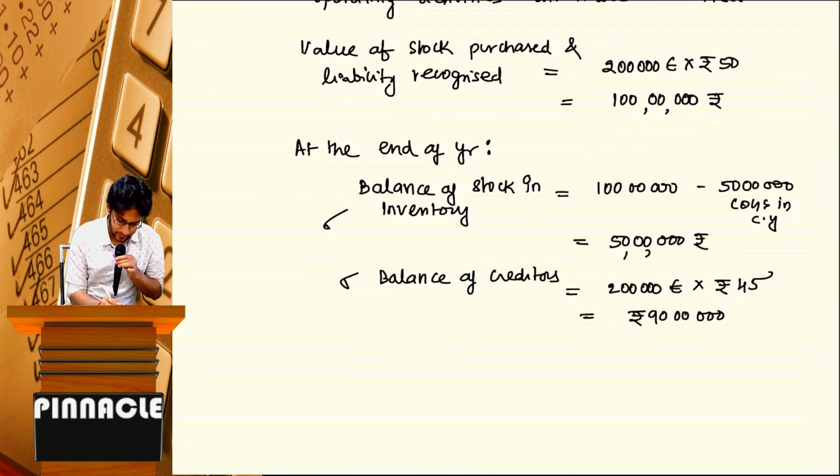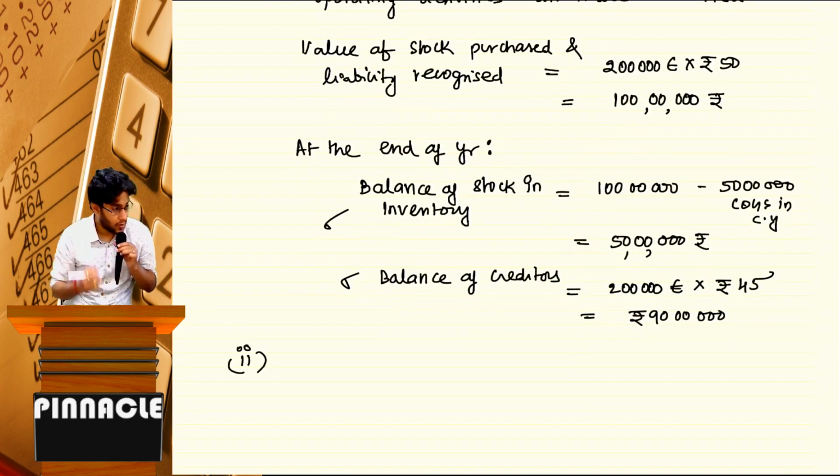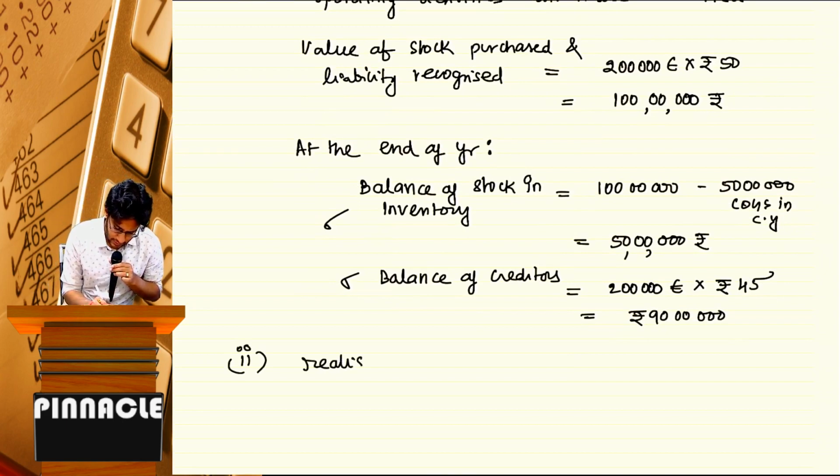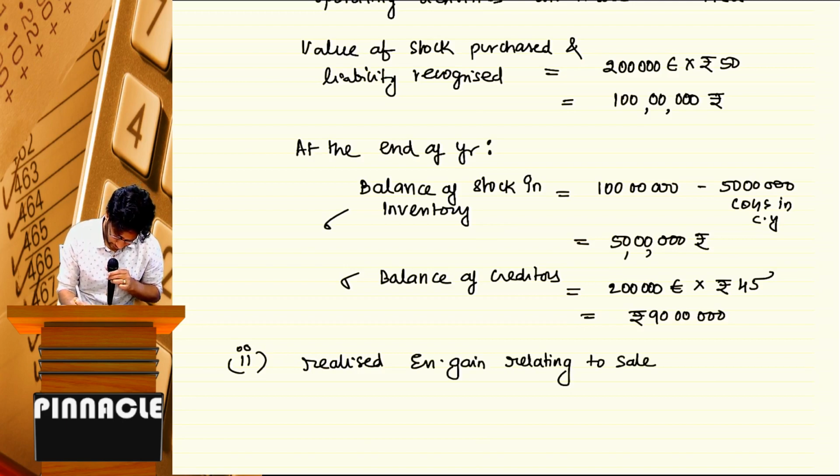Second adjustment. Second adjustment is realized exchange gain relating to sale of goods.